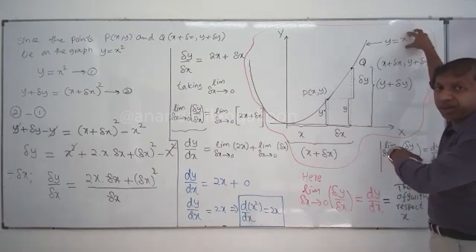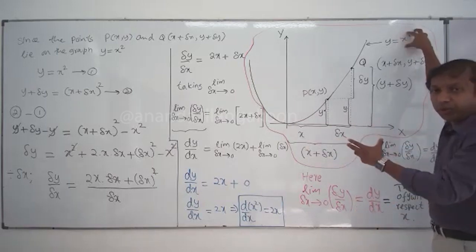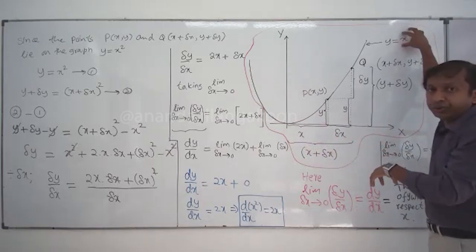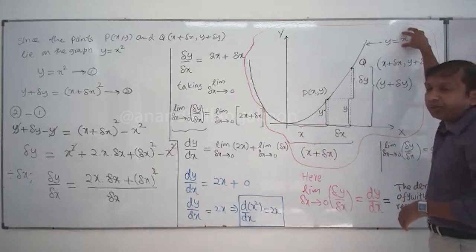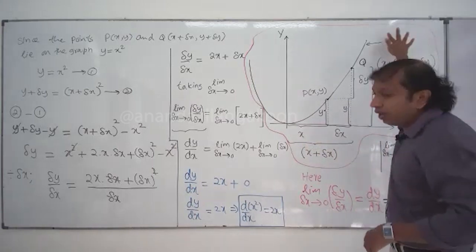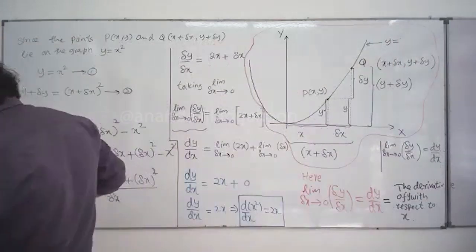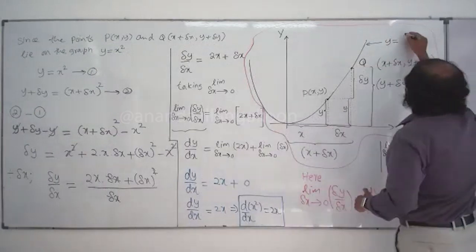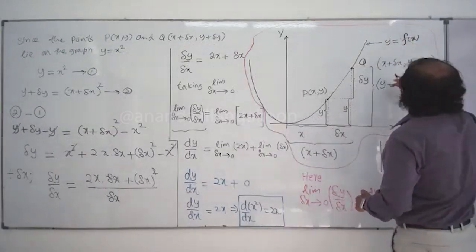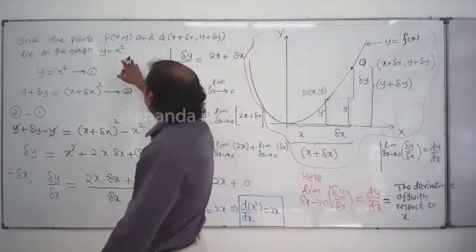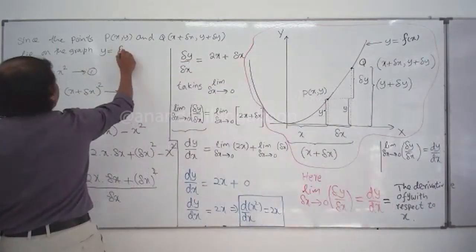Here we did it for x squared, but we should know how to do this for whatever function is there. So instead of x squared, I am going to take that as f of x. Taking that as f of x, now I am going to give you the definition.